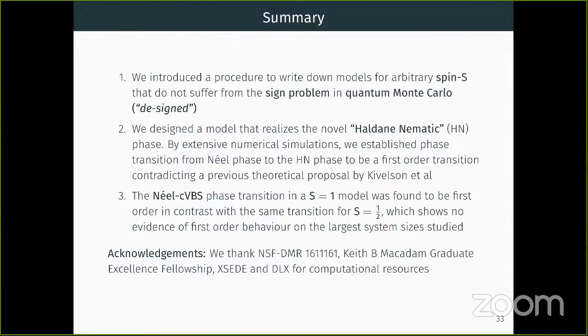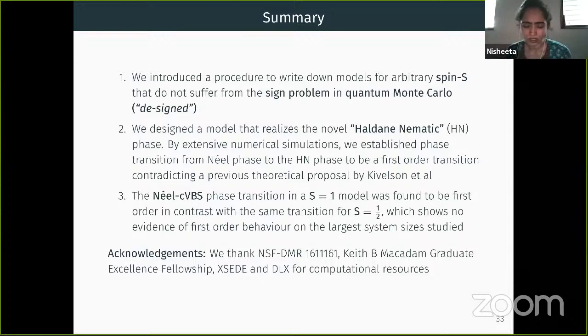Yeah. So there, I have a number of ideas for what kind of models I can simulate that might realize a second order transition for higher spin models. So that is one of the things that I want to study.